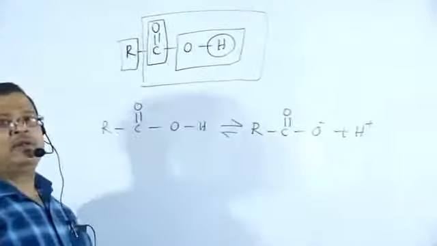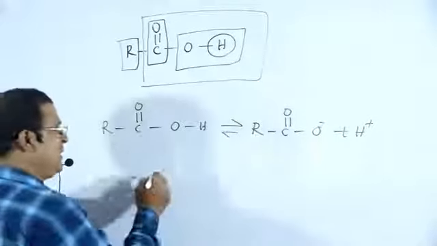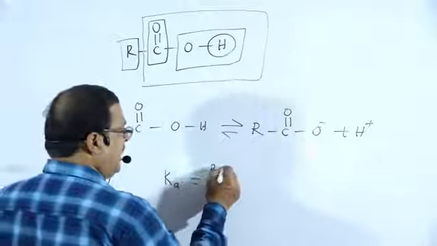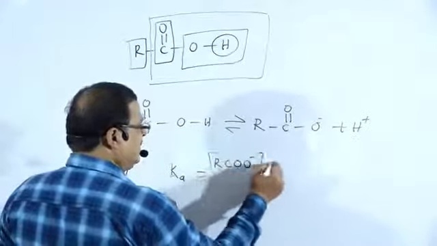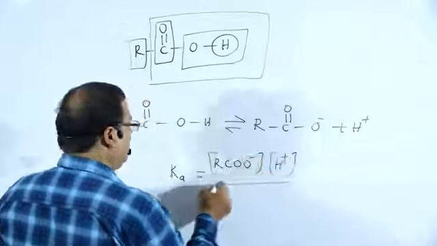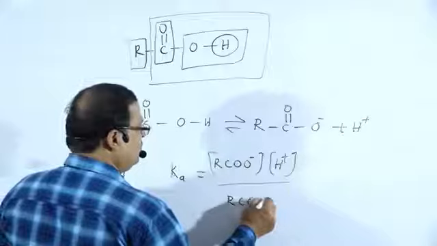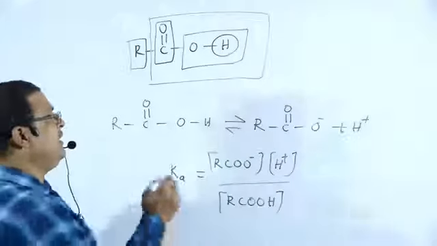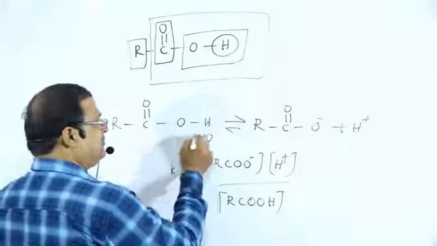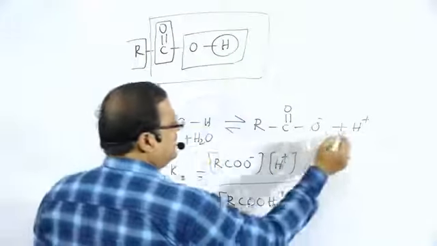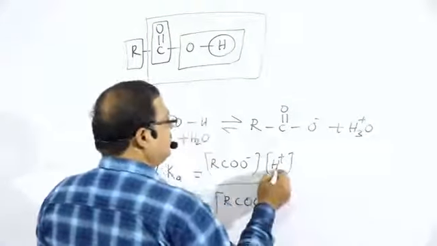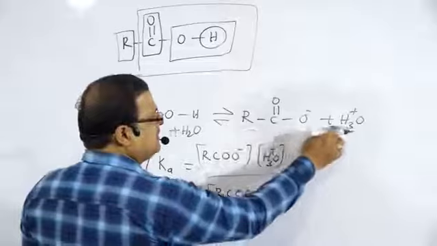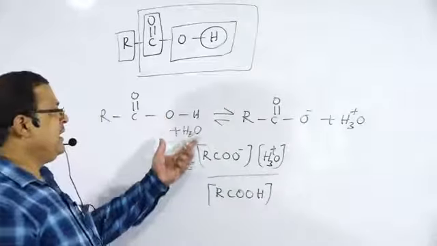If we apply the law of chemical equilibrium to this reaction, then Ka, the dissociation constant for that acid, is equal to RCOO minus into H plus divided by RCOOH. In aqueous medium, RCOOH plus water gives RCOO minus plus H3O plus, the hydronium ion.